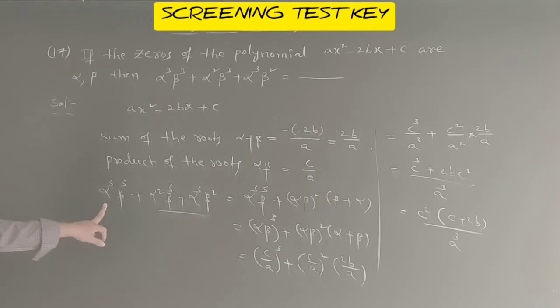Then alpha cube beta cube means c by a whole cube. In these two terms, alpha square beta square common. Then alpha plus beta will be left. So c by a whole cube plus c by a whole square into 2b by a. LCM is a cube, c cube plus 2b c square. If you take c square common, c plus 2b by a cube.